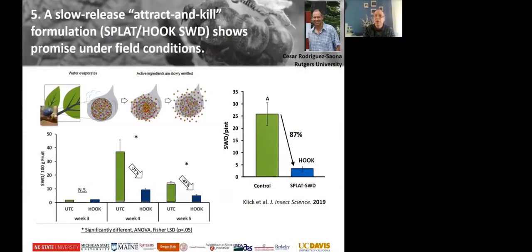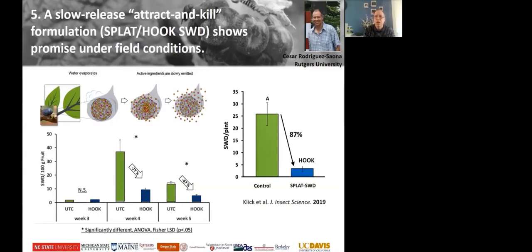Because there is no trap and lure that fits all geographical regions, stakeholders expressed the need to move towards implementing behavior-based control methods. We have tested a SPLAT attract and kill formulation from ISCA Technologies that combines attractants with insecticides in a waxy dollop that releases the attractants slowly.